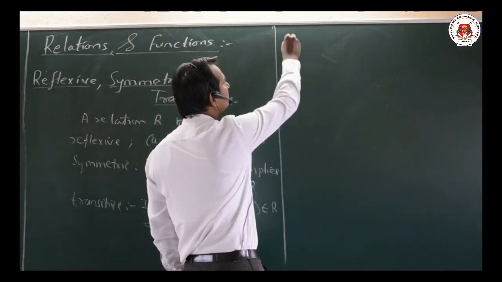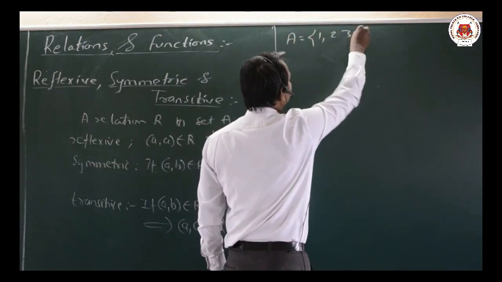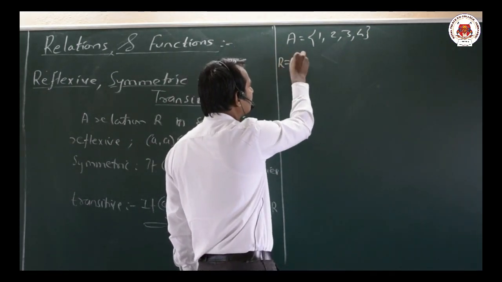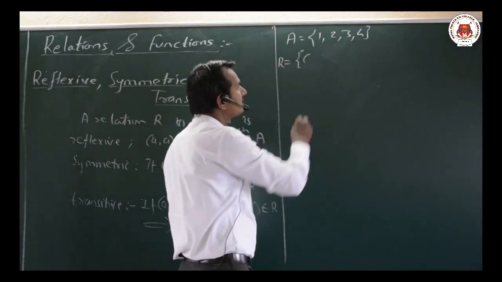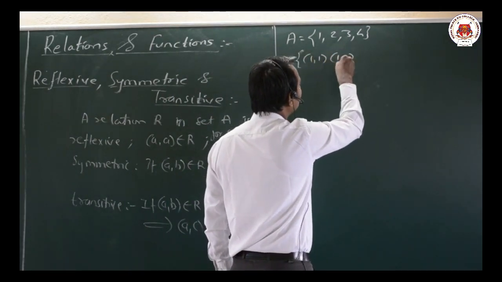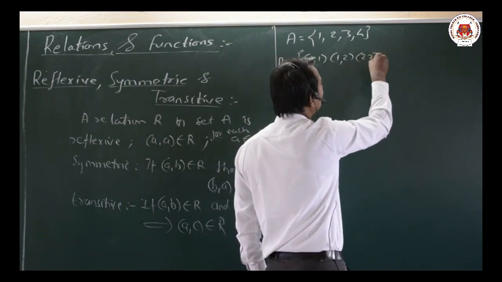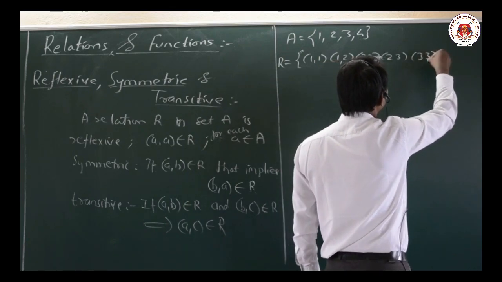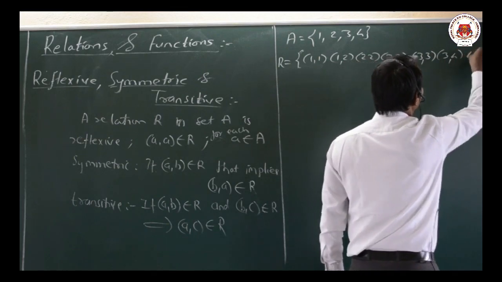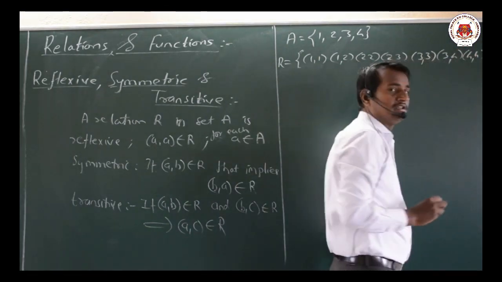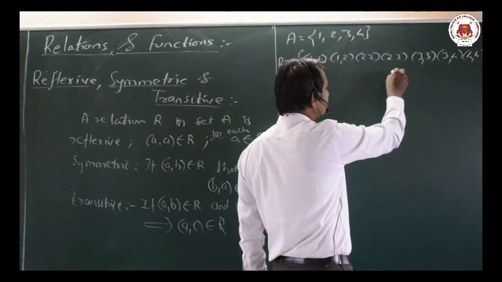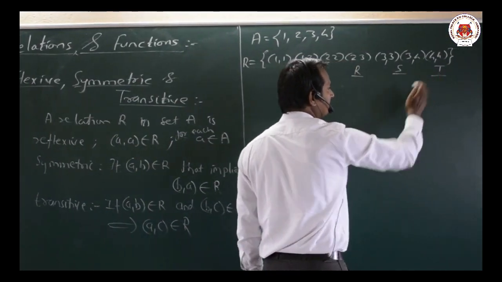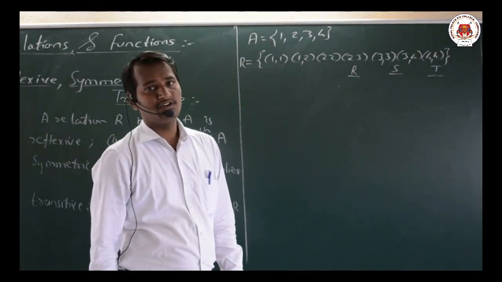Before that, let us take a set A = {1, 2, 3, 4}, and take a relation R with the ordered pairs (1,1), (1,2), (2,2), (2,3), (3,3), (3,4) and (4,4). Now we have to check for all three things, whether it is reflexive, symmetric or transitive or not.